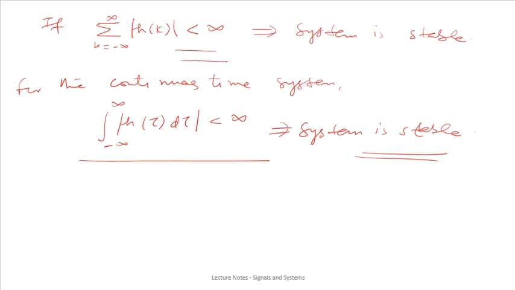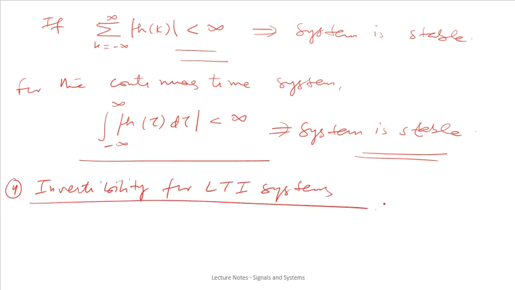Now come to the last of the properties, that is invertibility for LTI systems. So let us just draw the block diagram representation of systems. Let us suppose this is h(t), this is x(t) and this is x(t).